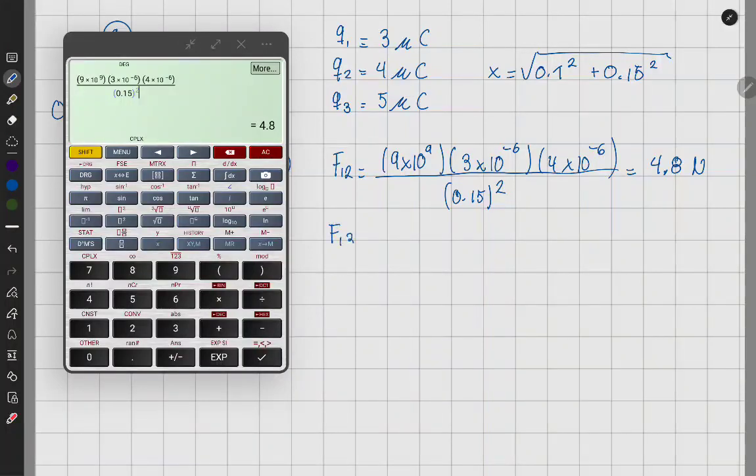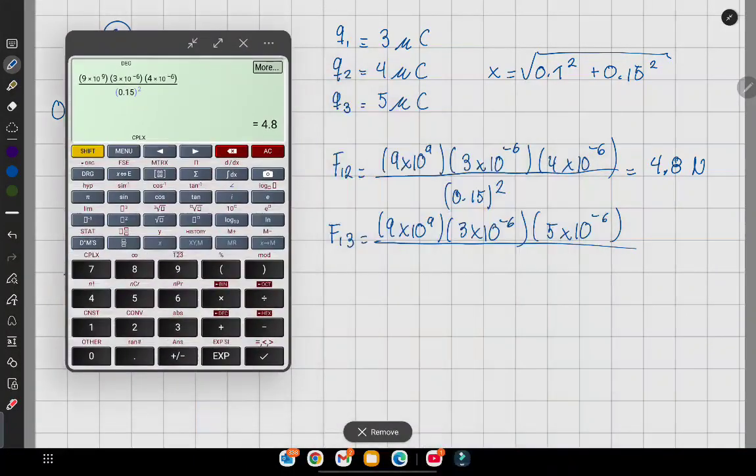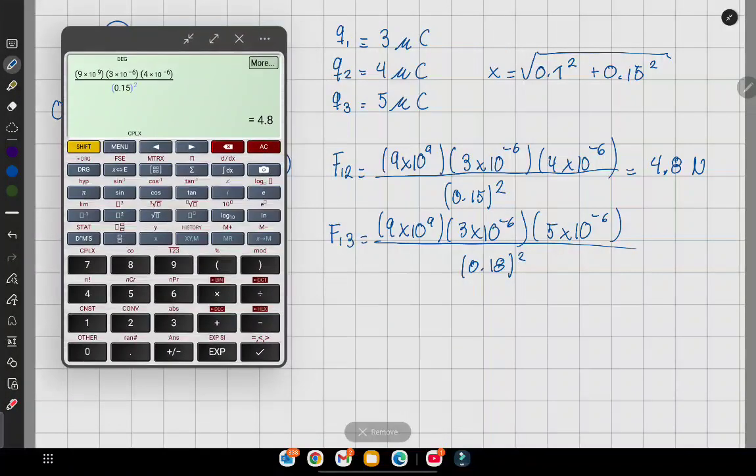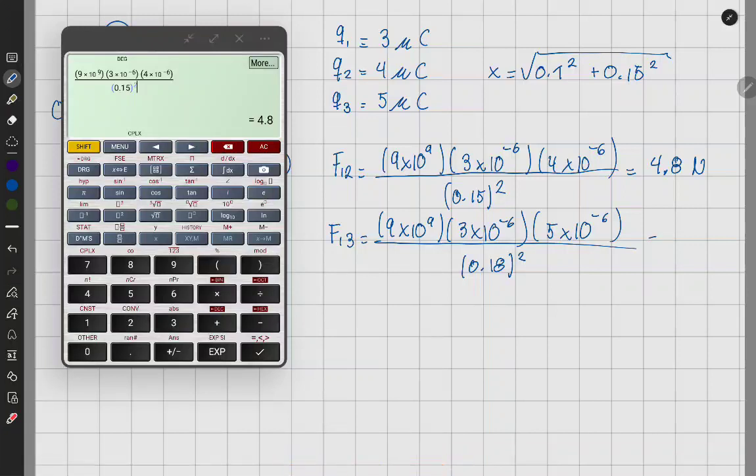And then the force from 1 to 3 is the same, so 9 times 10 to the 9 times 3 times 10 to the minus 6 times 5 times 10 to the minus 6, and then all divided by the distance, and the distance is 0.18, so 0.18 squared, so that's important.